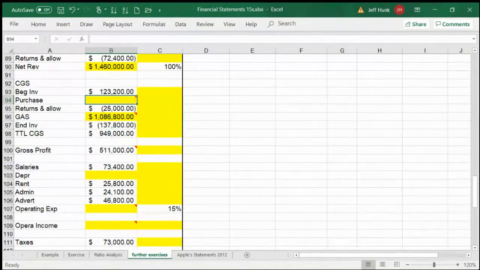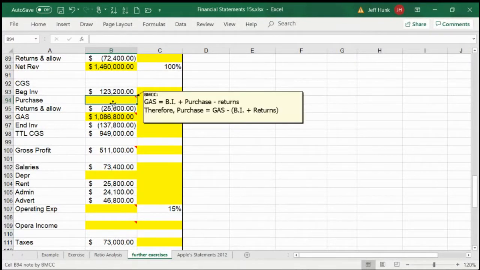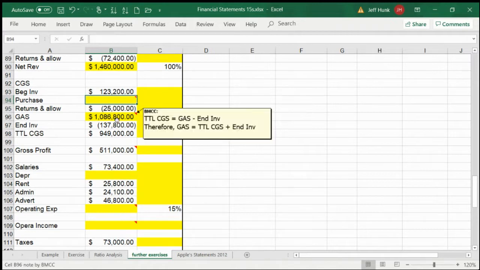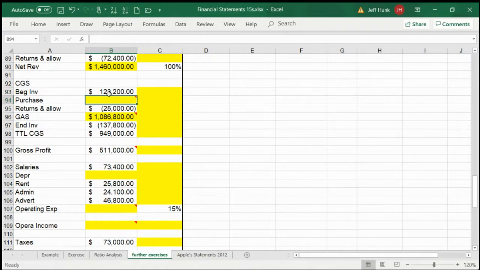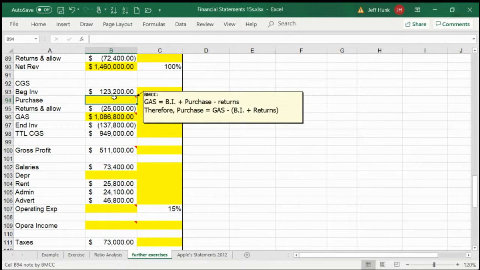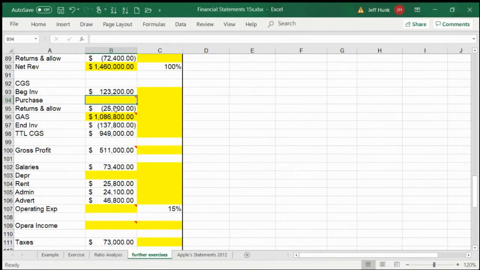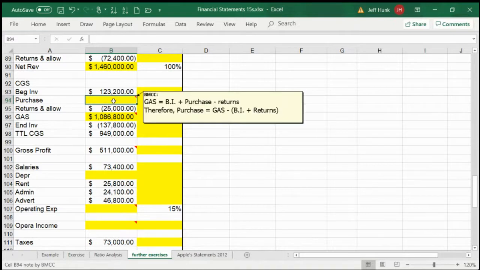Now here also, so then what is the net purchase? Net purchase is the GAS minus returns and allowances, beginning inventory minus returns and allowances. But since this was already subtracted, right?